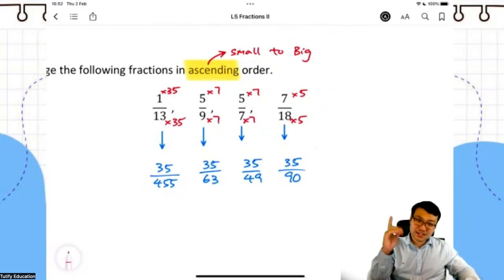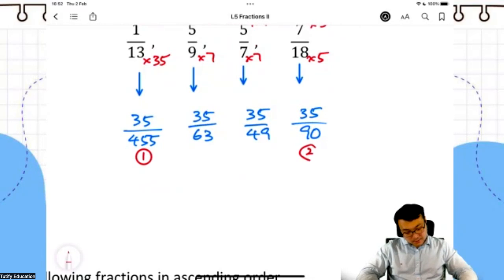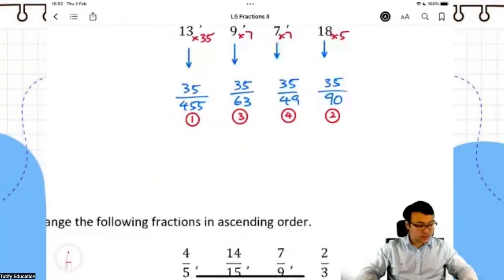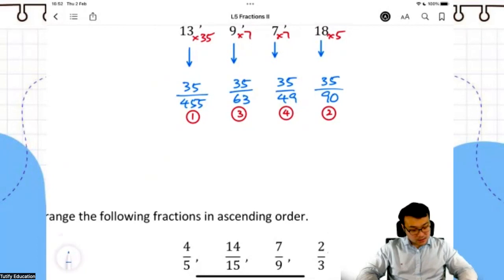You need to spot the smallest one first. If you divide by something very big, then your answer will be very small. So this should be the smallest one, followed by this, then this, and finally this is the biggest, that has the biggest value.